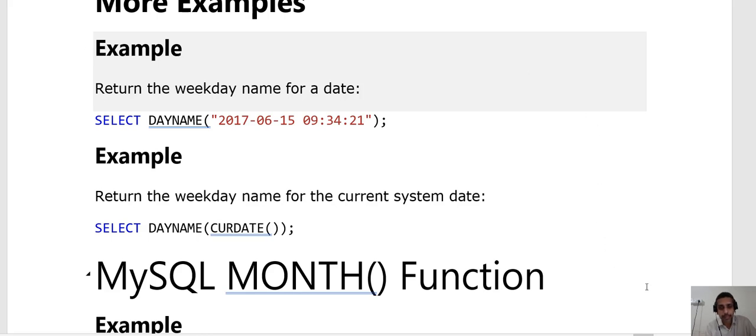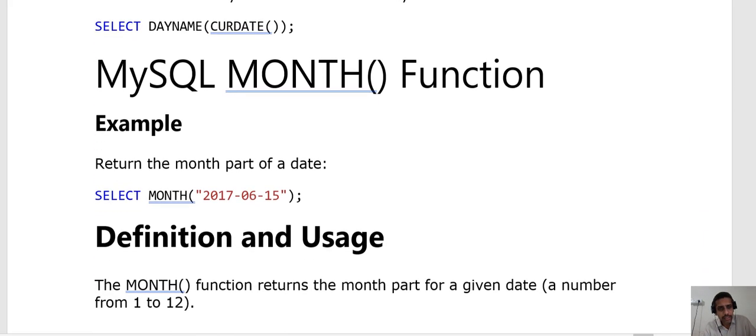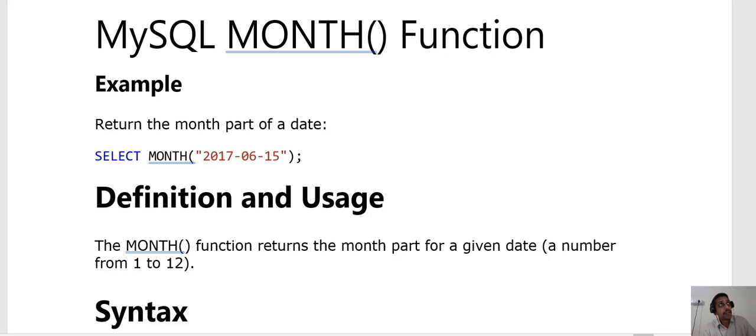Then we have the MySQL MONTH function. You can see it over here, it's not that difficult. It returns the month part of the date, that is SELECT MONTH, and then you define the parameter over here. Here the date is defined.